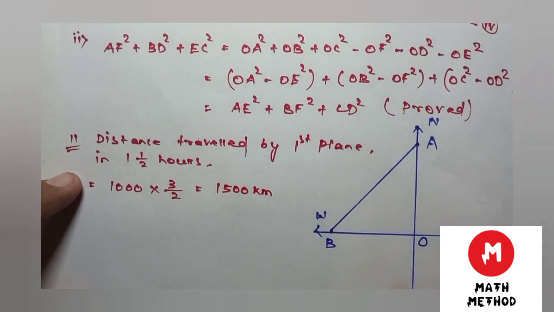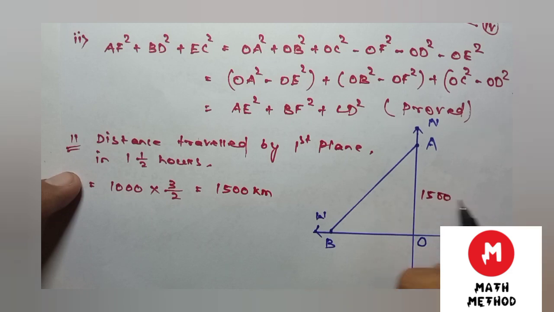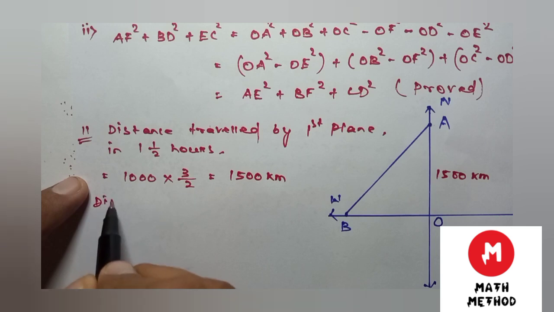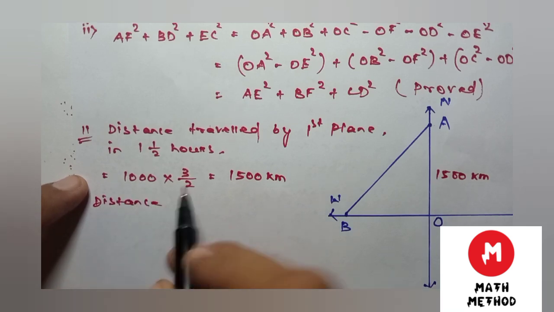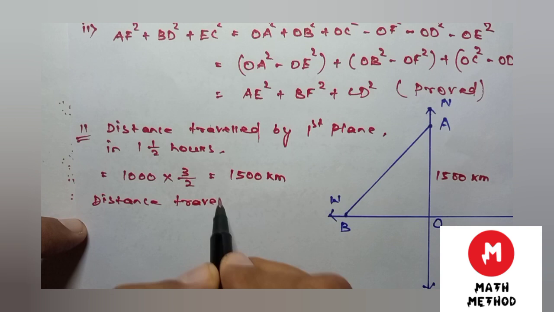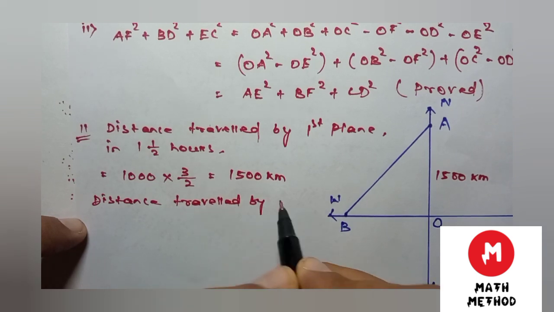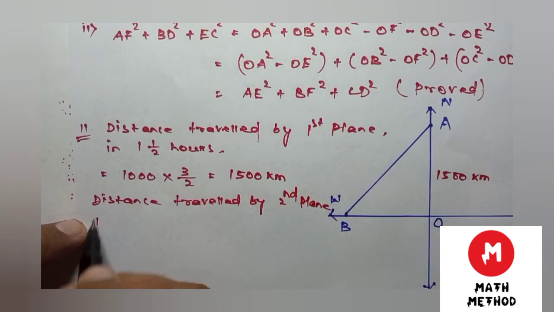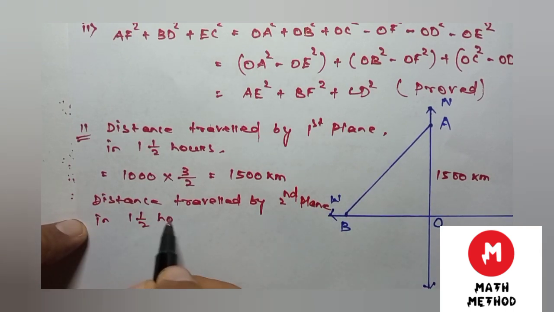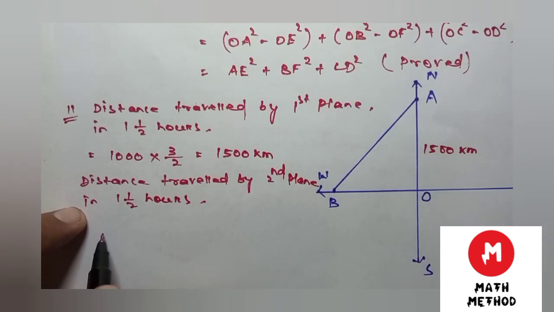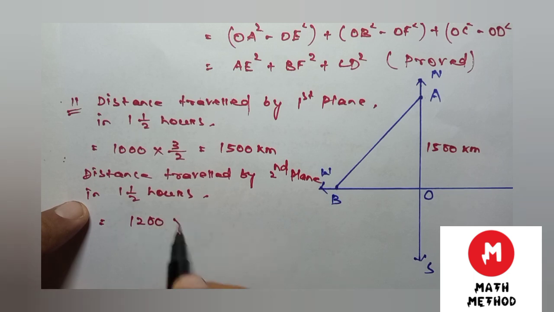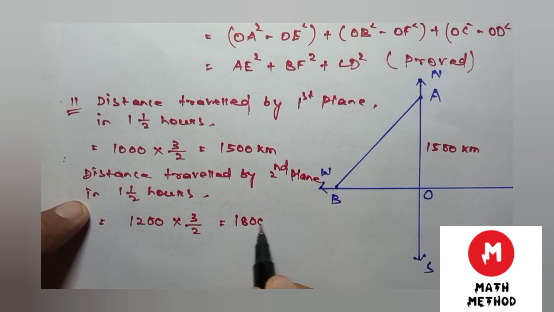So I will write here, this is my 1500 kilometers. Again, the distance traveled by second plane in similar time, 1.5 hours, will be equal to 1200 into again 3 by 2, which is equal to 1800 kilometers.